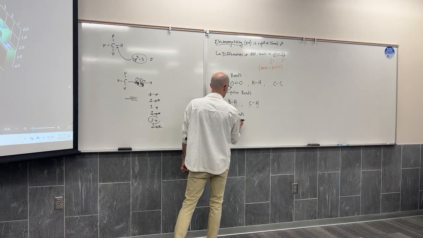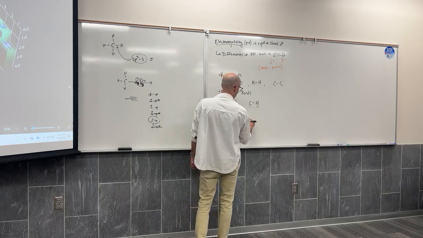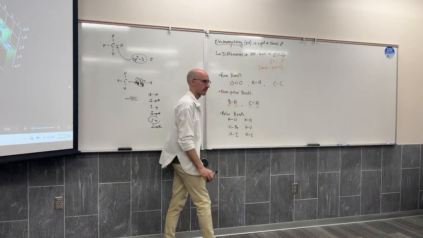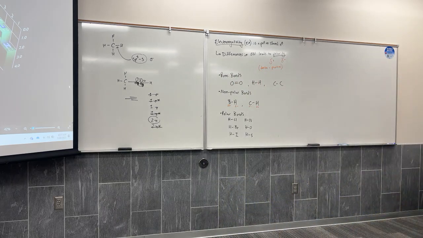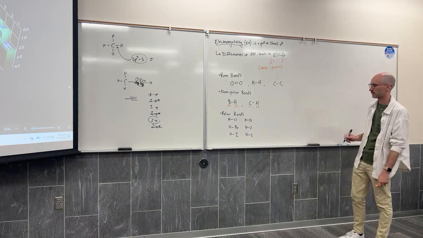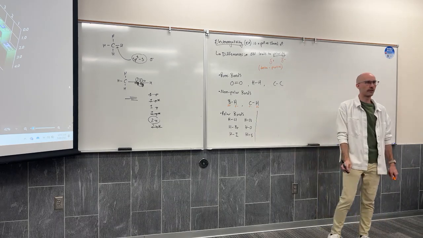Let's look at the HCl, HBr, HI, HN, HO, HS. Those are some of the most common bonds we'll see this semester. We've already looked at the CH bond. So that's hydro of the hydrocarbon.